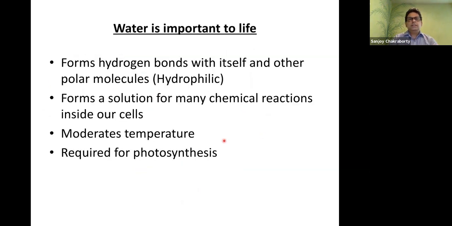This is exactly what I just said, that they form solutions with many chemicals inside the body. So they are chemically reactive. They moderate temperature, meaning their thermal stability. For example, for 1 gram of water, under ideal conditions, if you want to increase the temperature by 1 degree, say from 0 degrees to 1 degree, you need 1 calorie of energy.